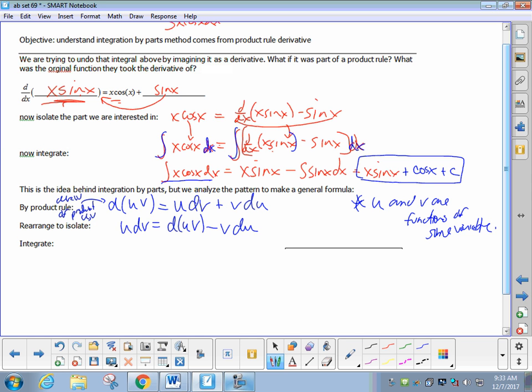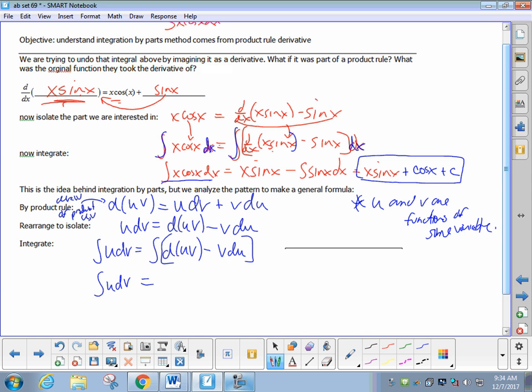Okay? Now, we're trying to establish a pattern for a product to integrate. So I could then say I can integrate both sides. Integration is an operation just like addition, subtraction, multiplication. It keeps the equation balanced as long as I do it to both sides. If I do that to both sides, then the left side is all good.